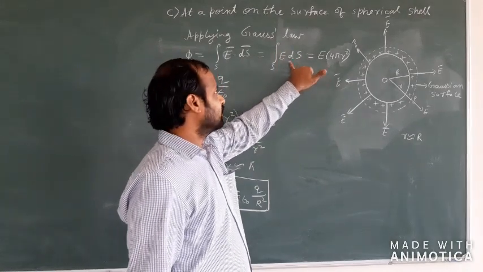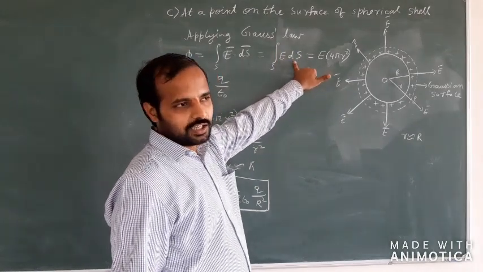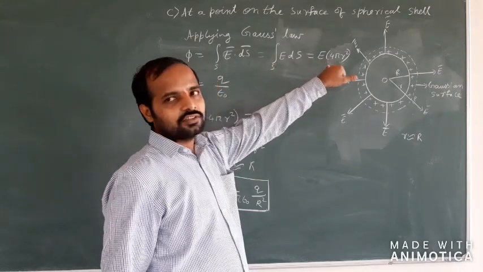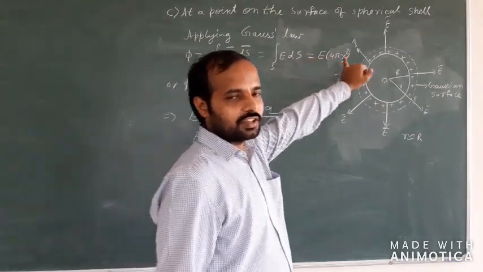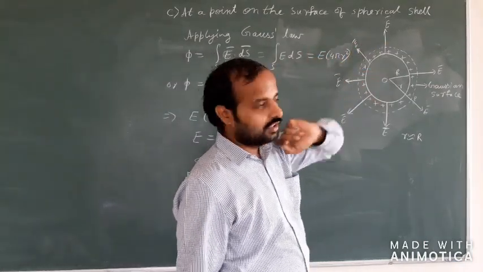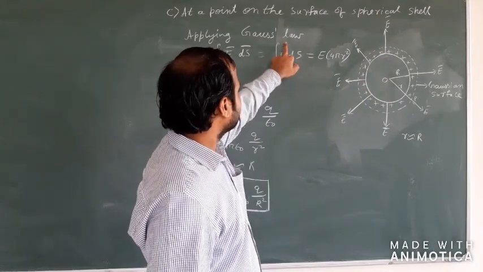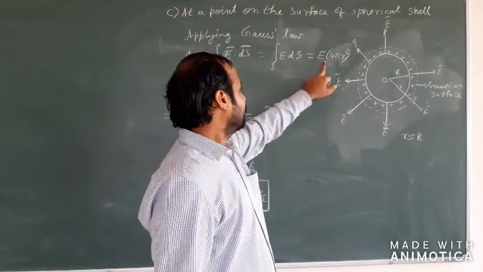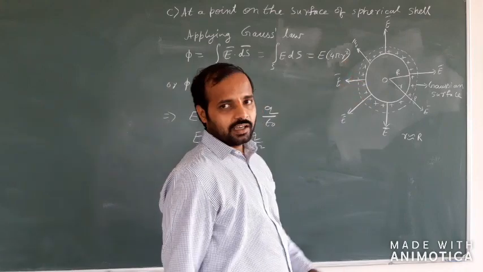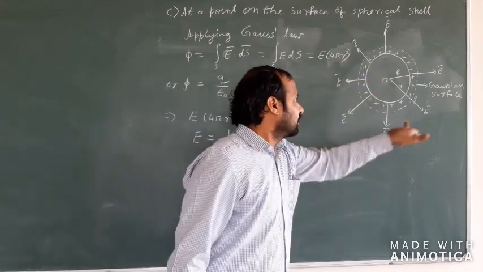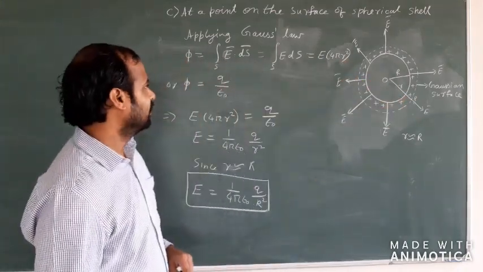Remember that E and dS are both in the same direction, so E dS cos θ becomes E dS, because cos 0 is equal to 1. So the surface integral of E dS gives E × 4πr², where r is the radius of the Gaussian surface.